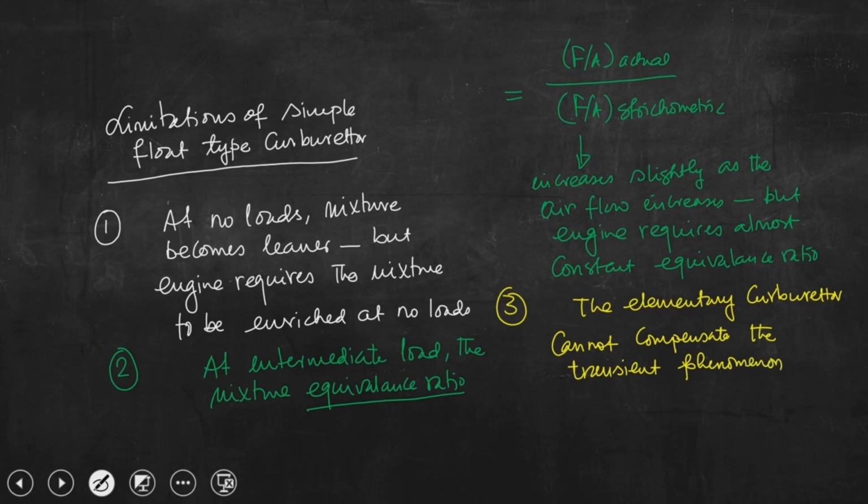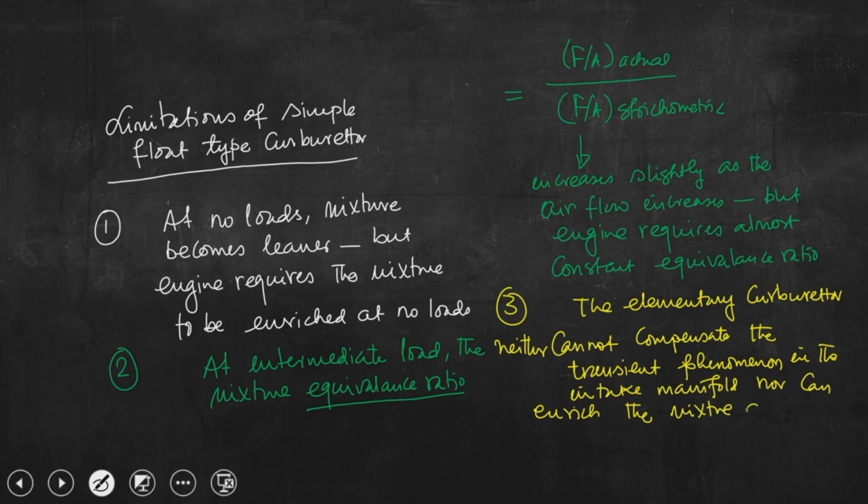So, the elementary carburetor cannot compensate the transient phenomena in the intake manifold, nor can it enrich the mixture during engine starting and warm up.